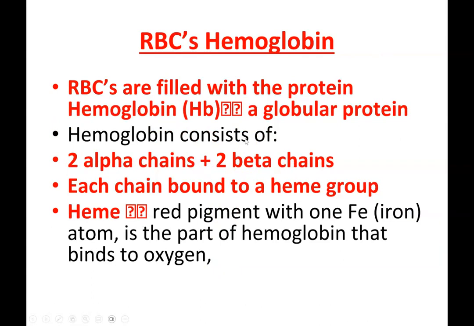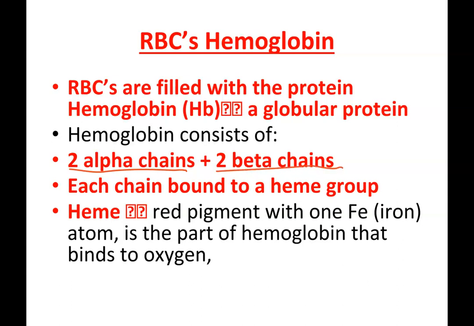So we mentioned that red blood cells are filled with a protein called hemoglobin. This is a globular protein, meaning it has a circular shape. The hemoglobin consists of four polypeptide chains: two are called alpha chains and two are called beta chains.